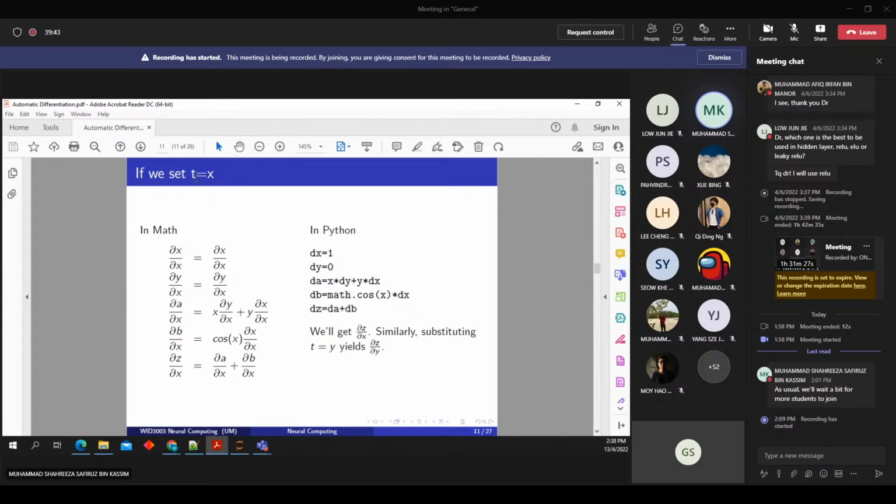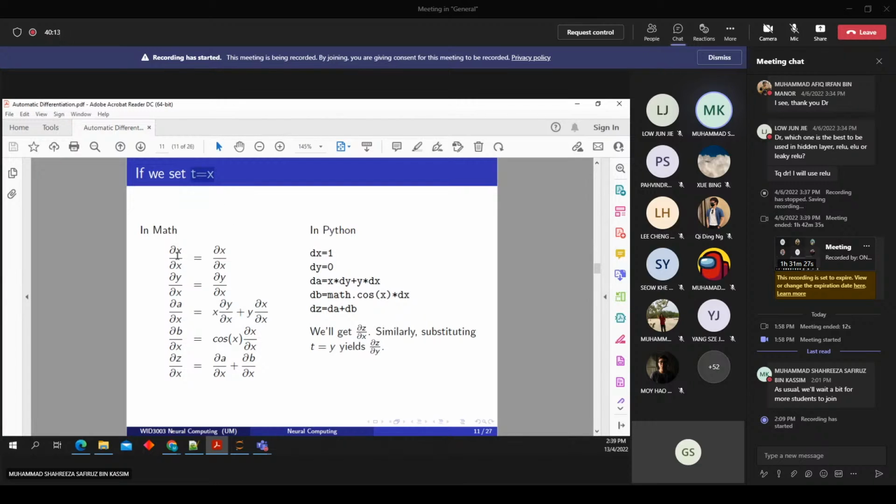So in maths, here is the trick that we're using in Python. Just now we said x is a function of t, y is a function of t. Now we are saying assume that t is x.